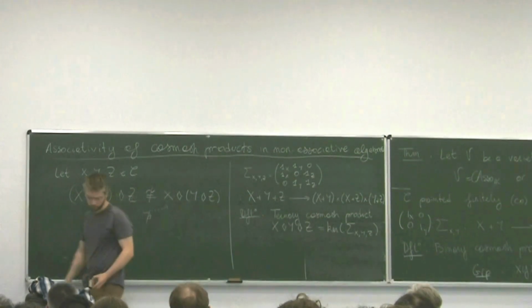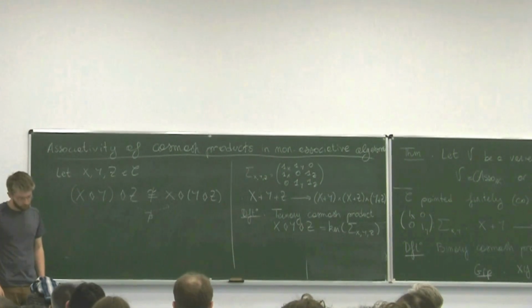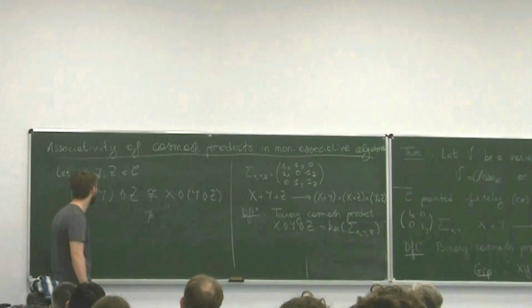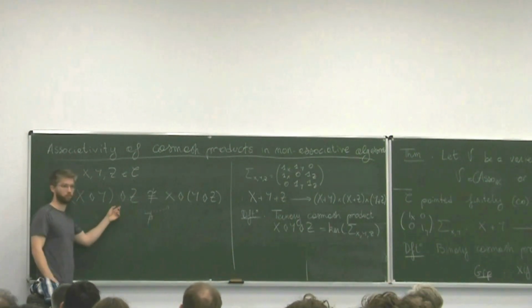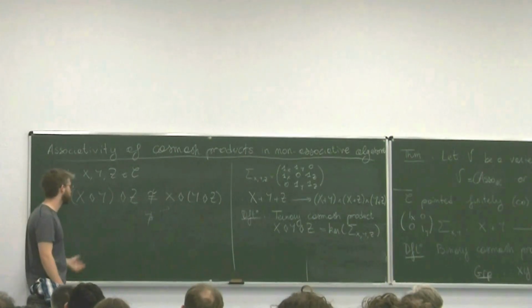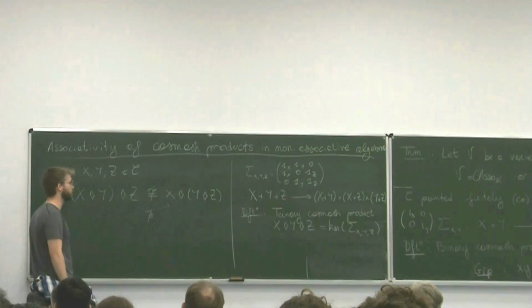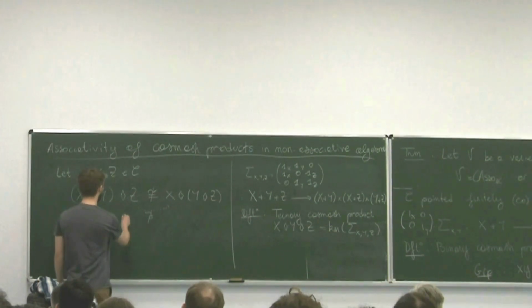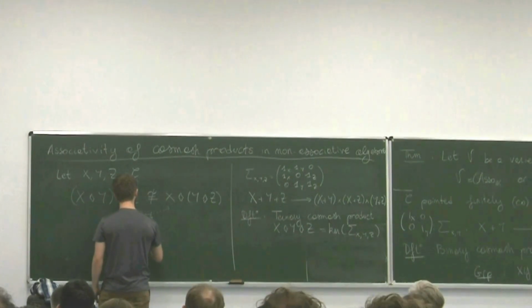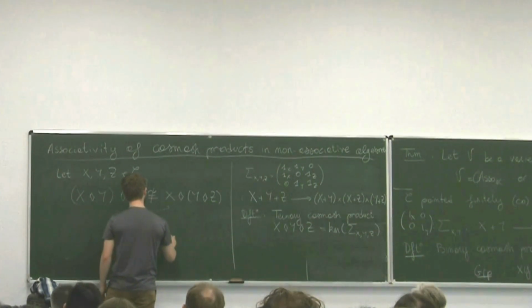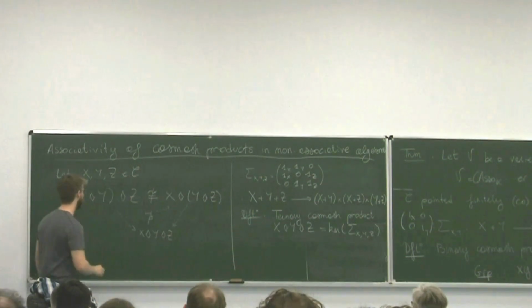What is good with, at least better with this definition, is that now I can compare this object with those. Okay, time is running out, so I will not draw the diagram, but it's not a complicated one. It is just universal properties. But here you have a canonical map from here to here, and you also have a canonical map like this.